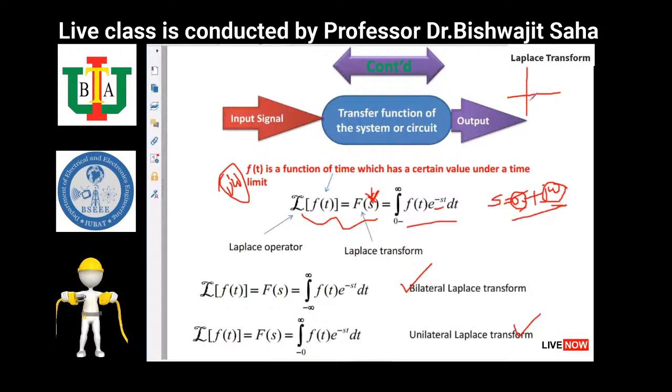Now in a real case, what actually happens if you consider a capacitor charging and discharging, then the capacitor always stores a stray charge. Do you know? You have learned in the motor, stray loss. Yes, sir.